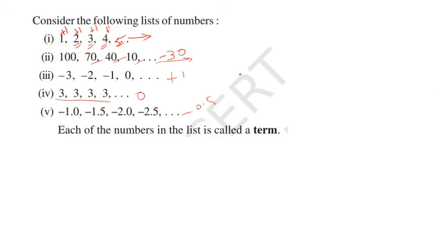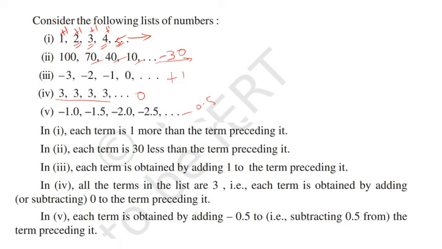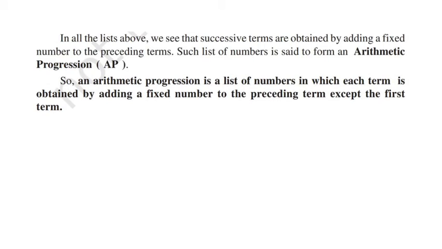So what we have observed here, we have added a particular number to each term so that we get the next term. Minus 30, right, plus 1, here 0, and here minus 0.5. So from the above examples we have seen that if we add a particular number to a particular term, we get the next term. So it is what we have given here.